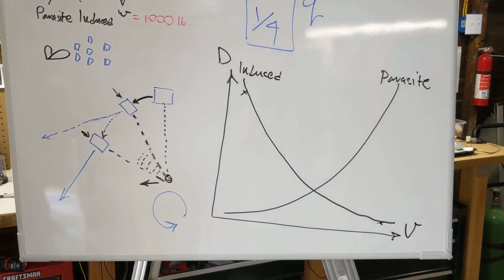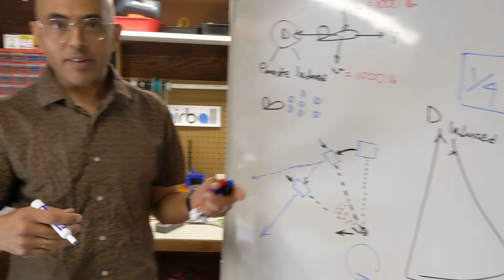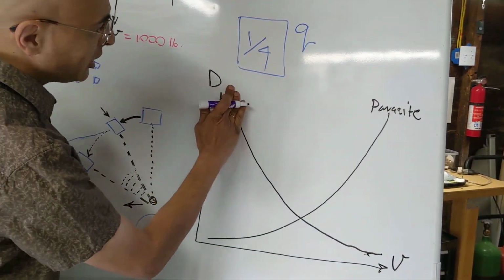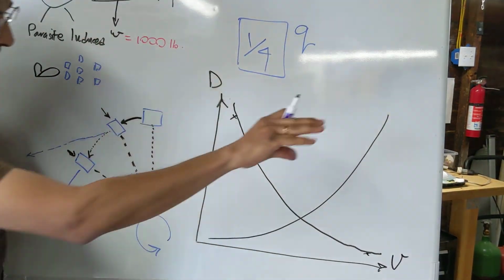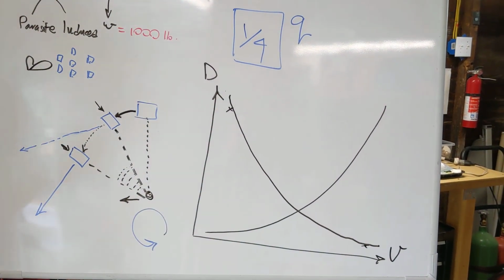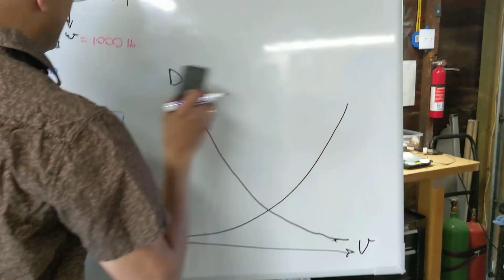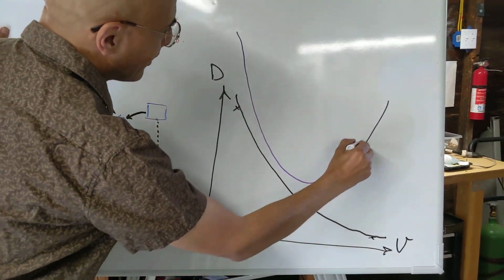Okay. Now the total drag on the airplane equals the parasite plus the induced drag, right? The sum of these two curves looks something like this.